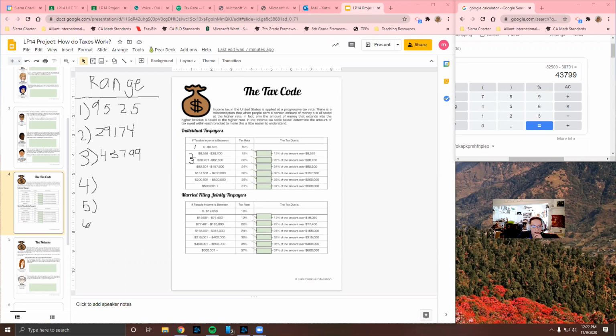Now, I went ahead and did that before we recorded, so we could figure out a little bit easier what is going on in my big range. So we got the third range.